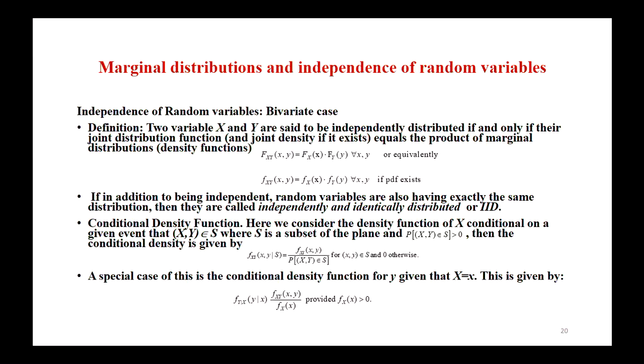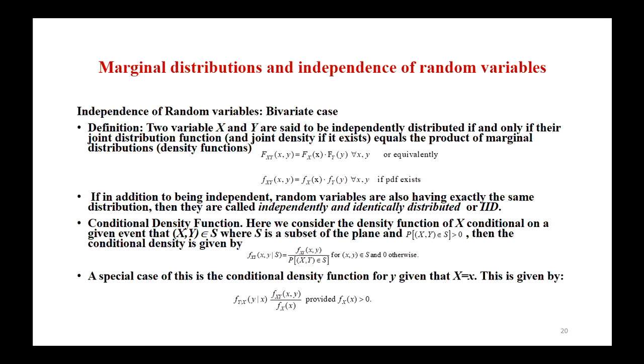So, definition. I say that two random variables, X and Y, are independently distributed if and only if their joint distribution function, and their density if it exists, is equal to the product of the marginal distribution functions. That is, F_XY(x,y) is equal to the product of F_X(x) and F_Y(y).